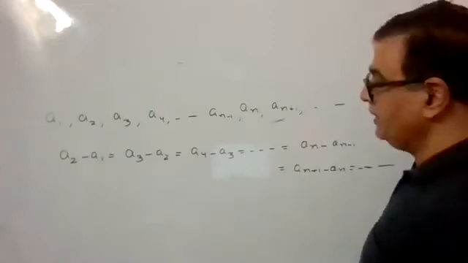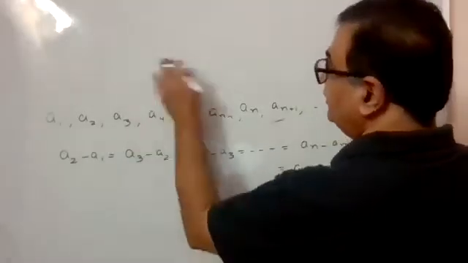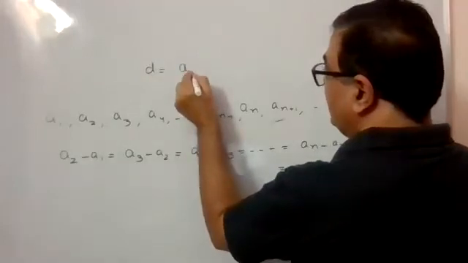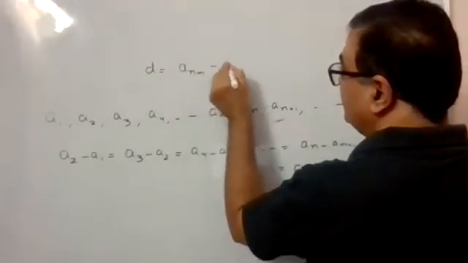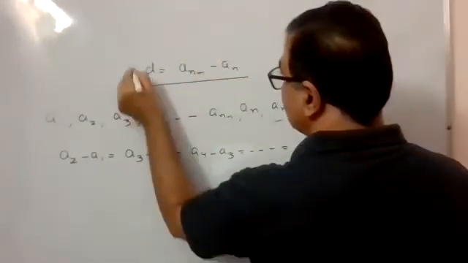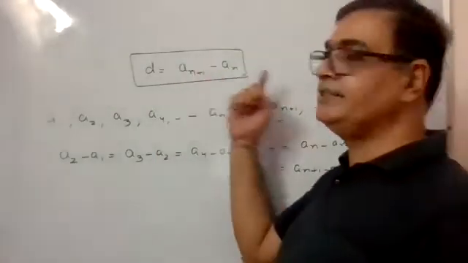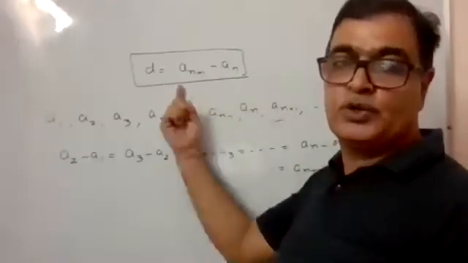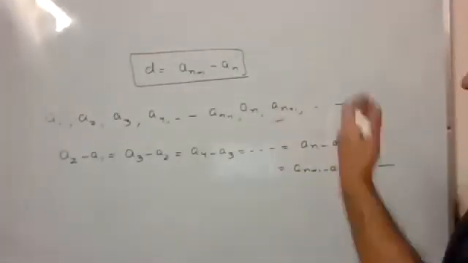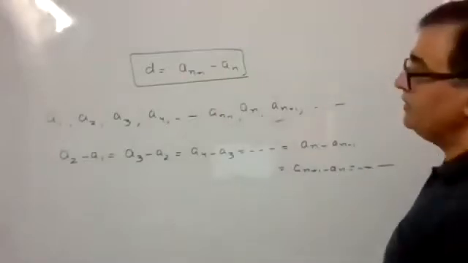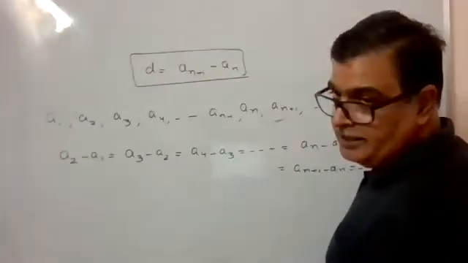And if you remember, the common difference we calculate by an plus 1 term minus the nth term. ये जनरल फॉर्मूला है आपका d कैलकुलेट करने का, चाहे a2 minus a1 करो, चाहे a3 minus a2 करो, चाहे a4 minus a3 करो, any way you do it, this is the common difference. And this common difference we denote by d.